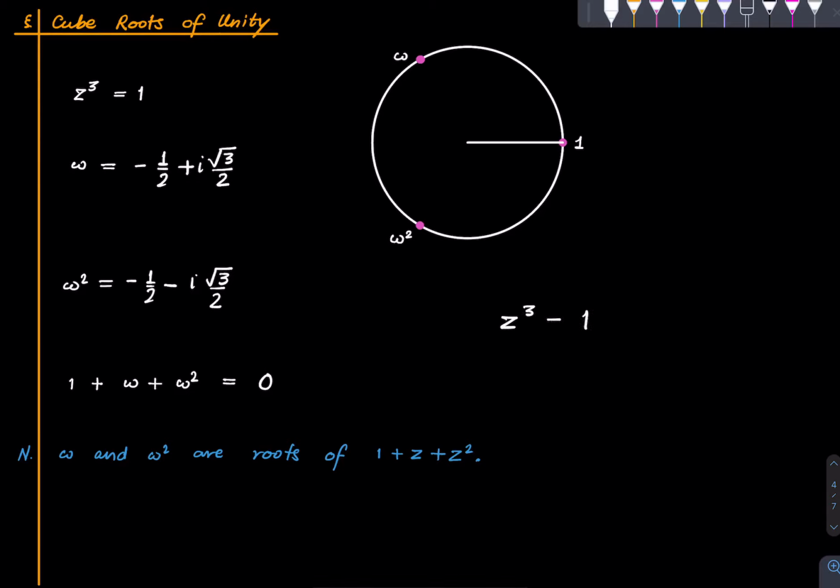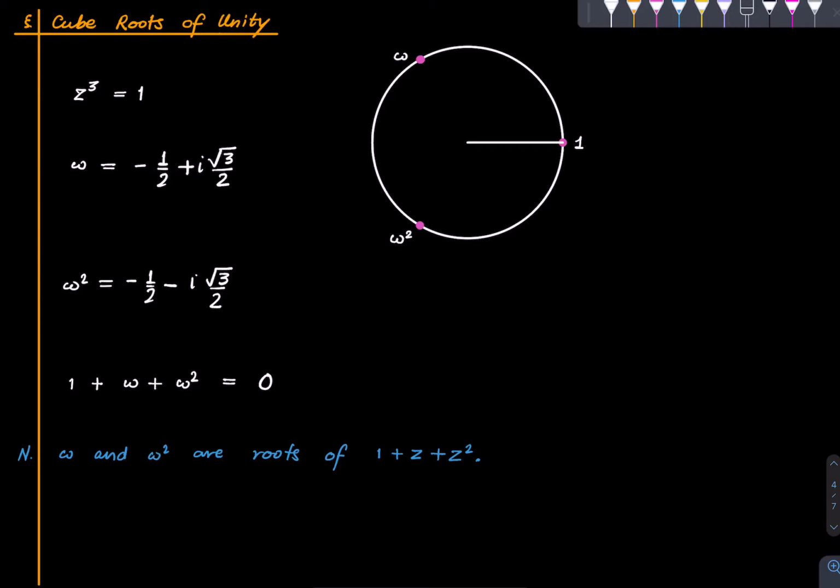The coefficient of z square is 0, and the sum of roots, as we saw in Viete's theorem, is the coefficient of z square divided by the coefficient of z cube with a minus sign. But the coefficient of z square is 0, so this is 0. So there are at least two ways to see why this is 0. Even geometrically, it's quite clear because these three vectors are equi-spaced. So if you add these three things, you should get 0. They form vertices of an equilateral triangle.